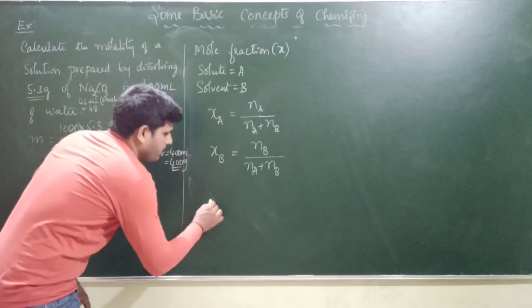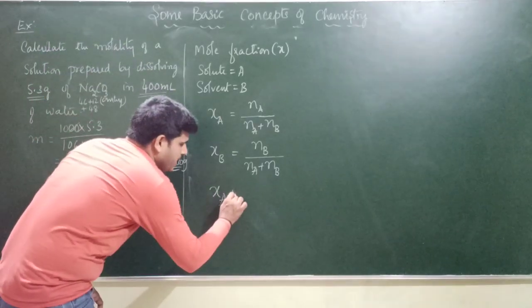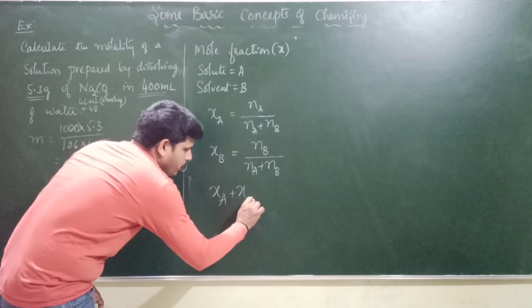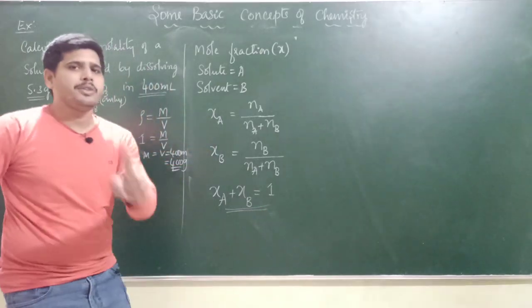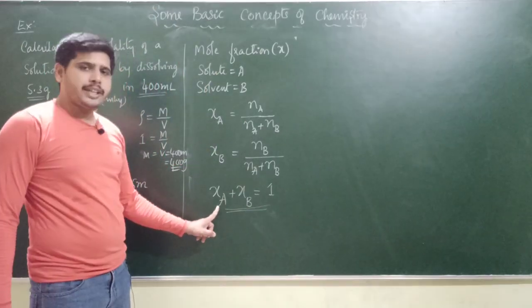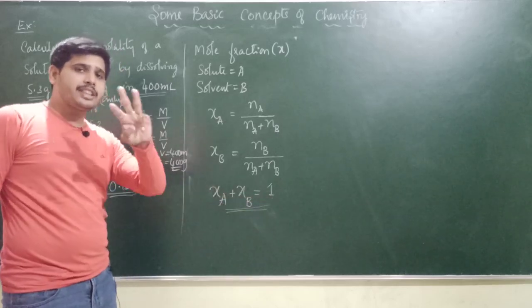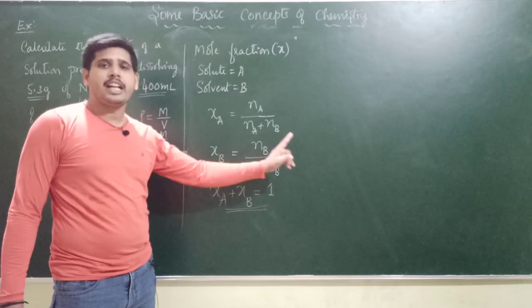Now one more point to be remembered is sum of the mole fractions of all the components in a solution should be equal to 1. Fraction value cannot go beyond 1. This point has to be noted down. XA plus XB equal to 1, or if it is a 3 component system, XA plus XB plus XC is also equal to 1.